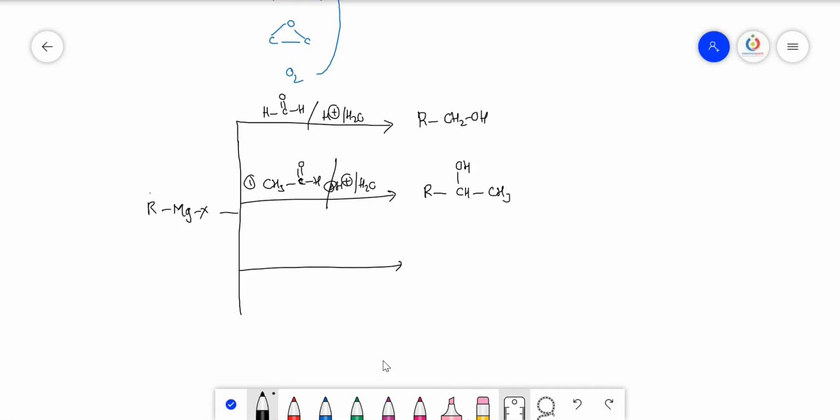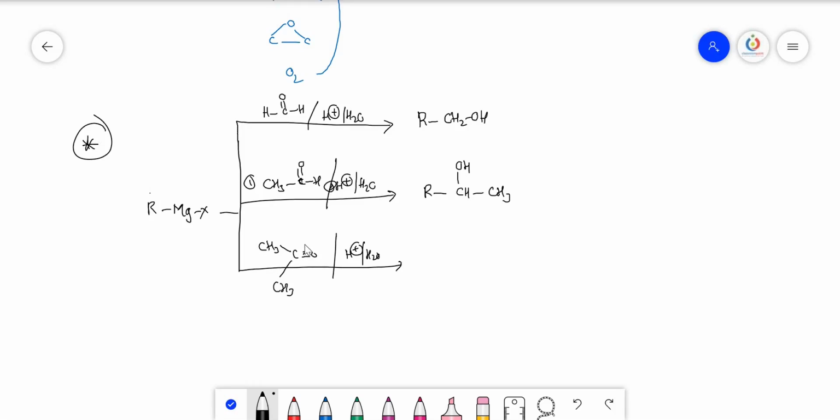Now you just take the ketone. Ketone, in this sense, let us take the best example, that is acetone. This is one of the important reactions of Grignard reagents. I'll tell you how and why.